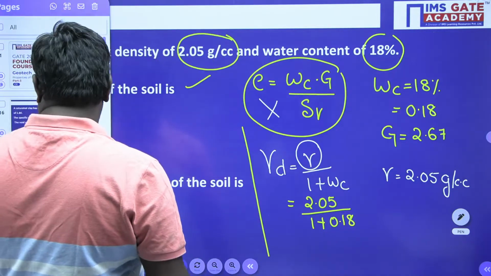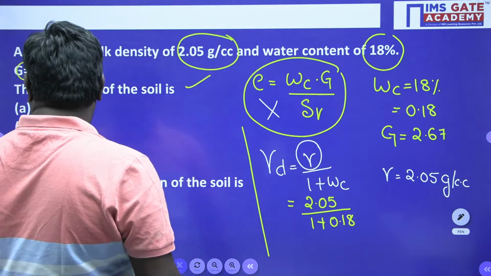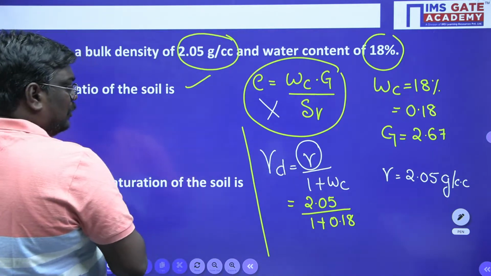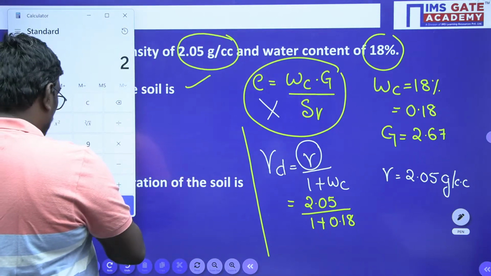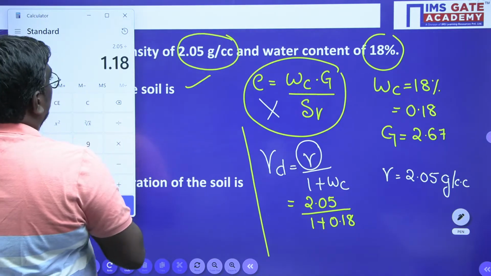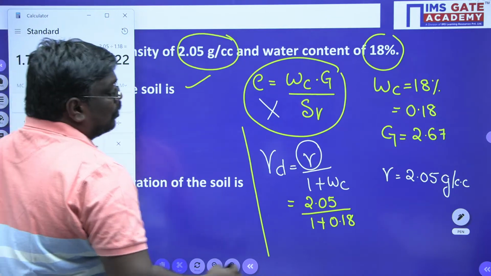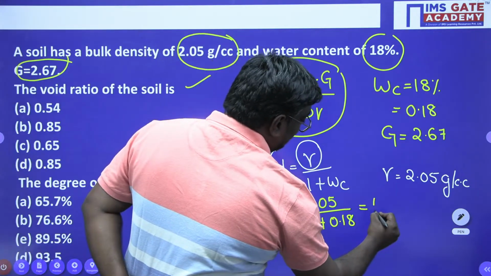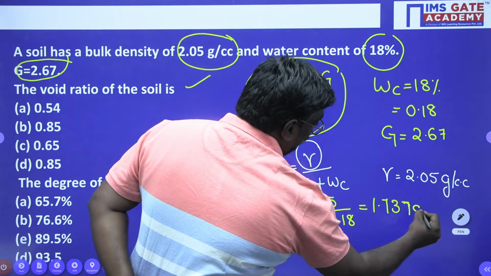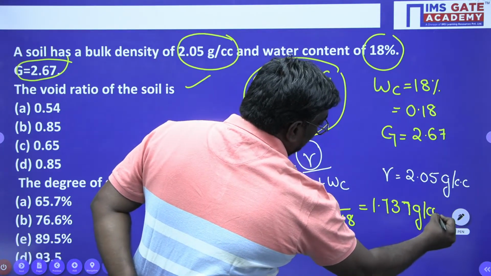So the value of dry density is equal to 2.05 divided by 1.18. This value will be around 1.737 gram per centimeter cube.